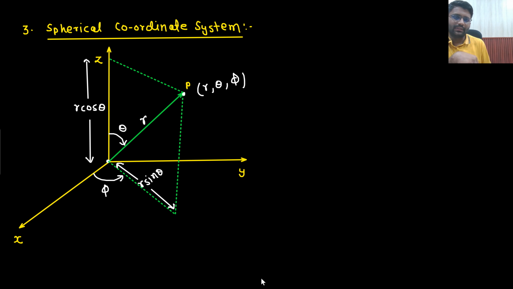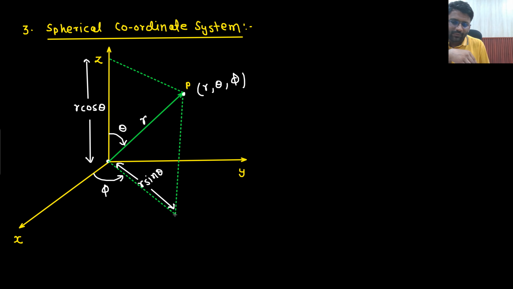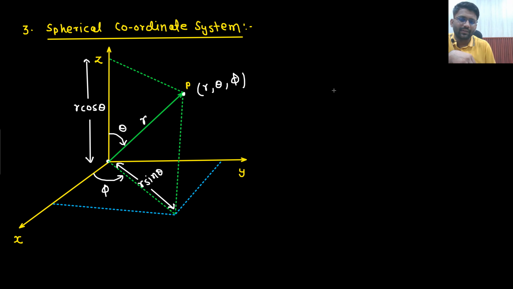Right? This length will become r sin theta. Now we take the projection on the x-axis as well, and the projection on the y-axis as well. Basically on the xy plane, if I just show you the xy plane, this is your y, this is your x, right?